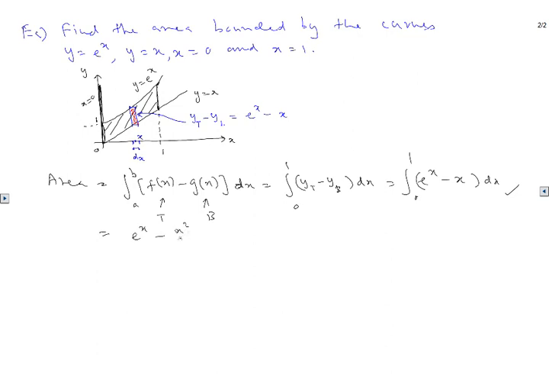So this is x squared over 2, and then we can evaluate this between 1 and 0. If you plug in 1, you're going to get e minus 1/2, and then if you plug in 0, it is e to the 0 minus 0. e to 0 is 1, so you're going to get e minus 1/2 minus 1, which is e minus 3/2 unit area.